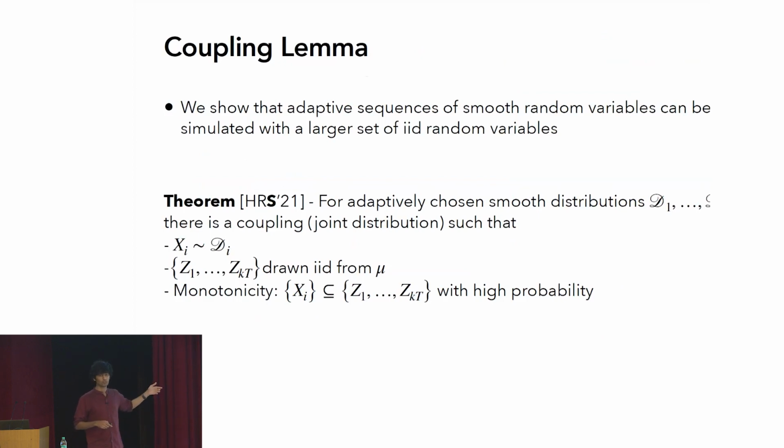Using this, you can show the empirical process bound that we wanted in the previous step. Does this make sense? Maybe this was a little too fast, but as long as the high level intuition was clear.